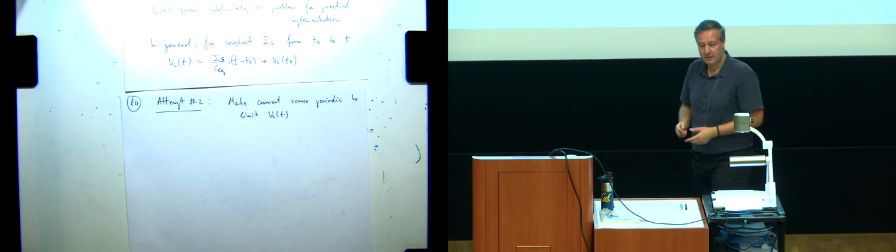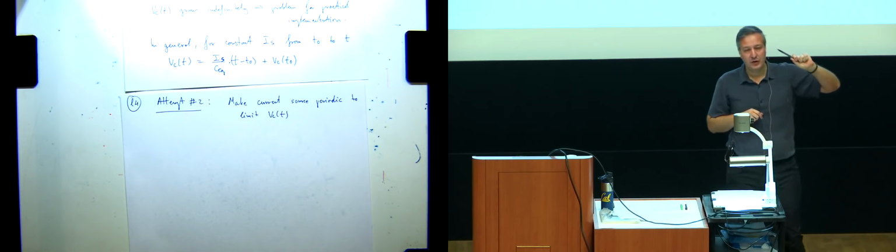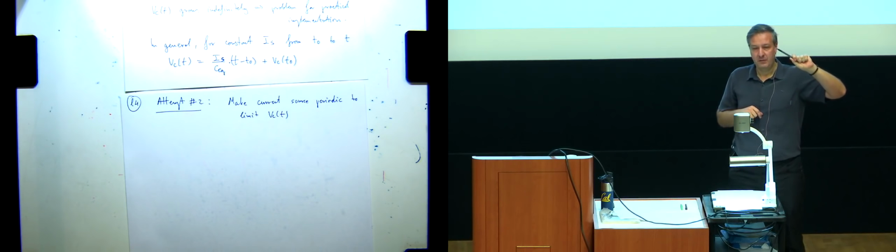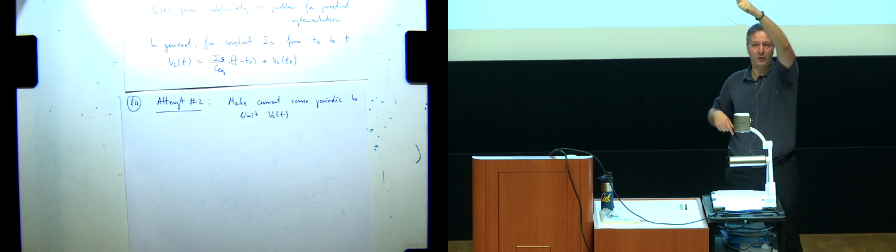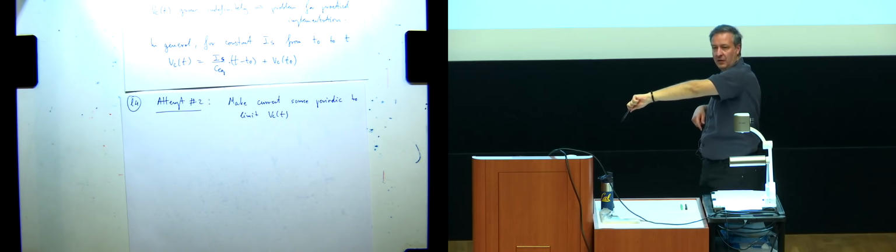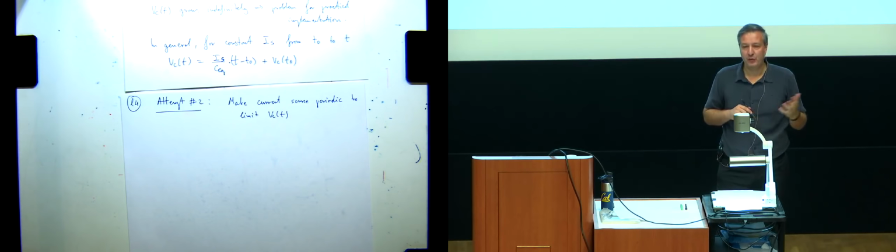What do I mean by this? Well, we know that the slope of the voltage is related to the current, right? So how do I reverse the slope? So if I have positive flow of current, the slope goes up like this. How do I reverse the slope to go down like this? What do I need to do with the current?